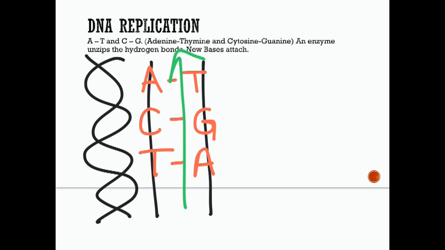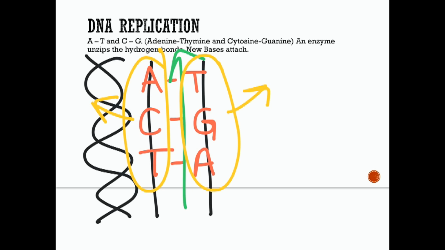And then you'll have these 2 strands that will separate from each other. Okay, they're going to pull apart from each other. So I'm going to go ahead and rewrite those bases so I can show you. So we've got a TGA from this right side, and then the left side we have an ACT.